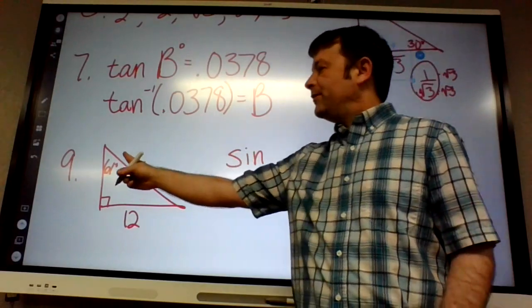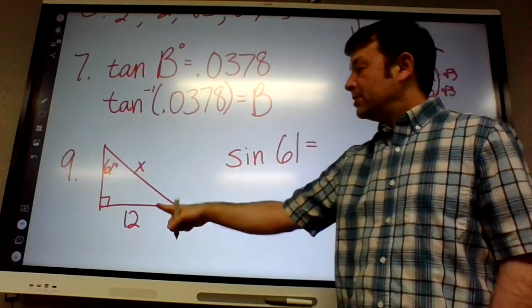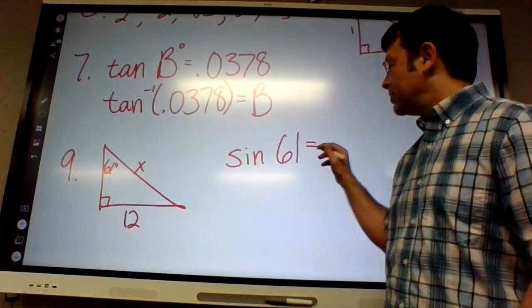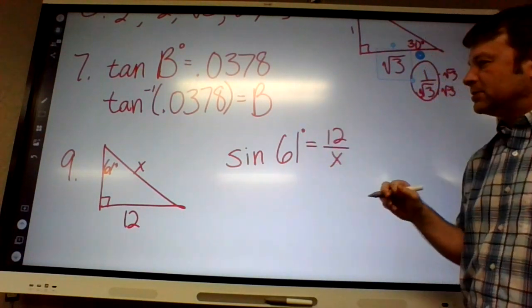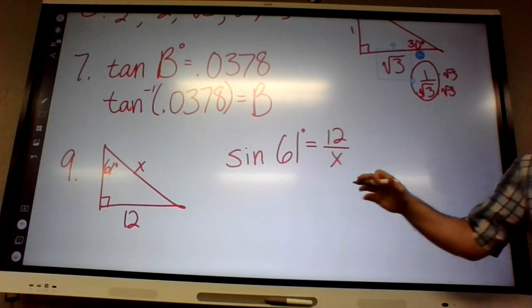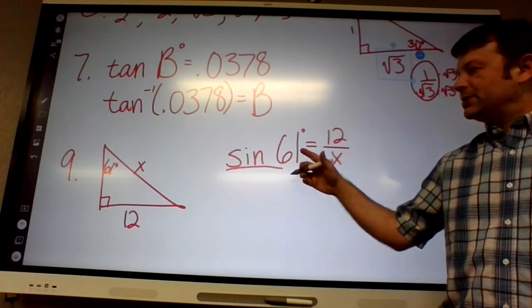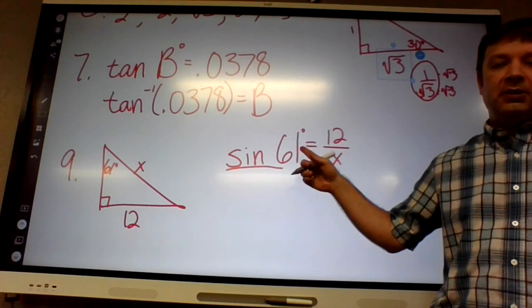Sine of this angle is supposed to equal the opposite over the hypotenuse. Okay, sine of 61 degrees is some weird decimal that you have to get from your calculator.